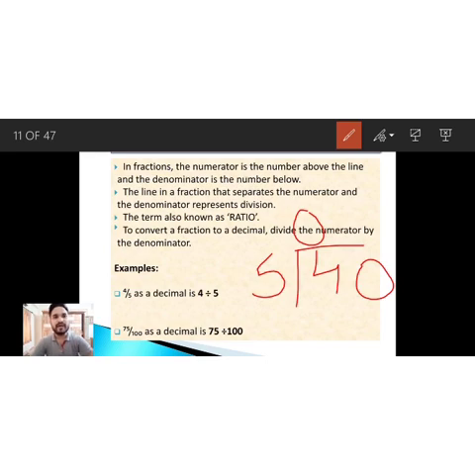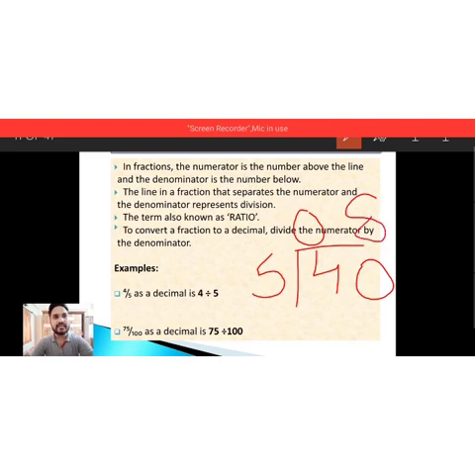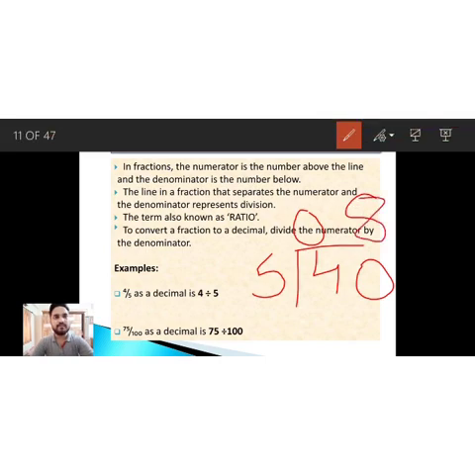Now in the 5 table, 40 comes at 8 times. 5 8s are 40. So our answer is 0.8. So when we divide 4 by 5, our answer is 0.8. That is the decimal.